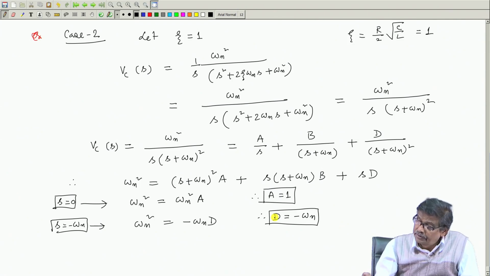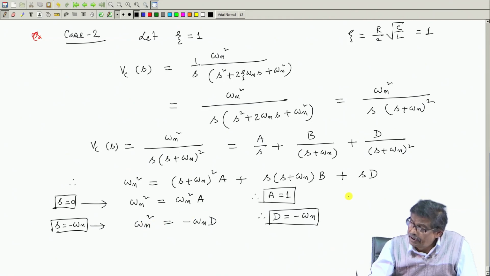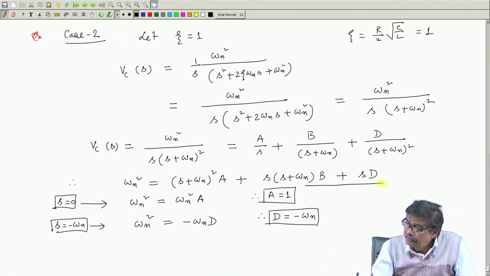Then I have to get this value by, so my equation now is a and d known.